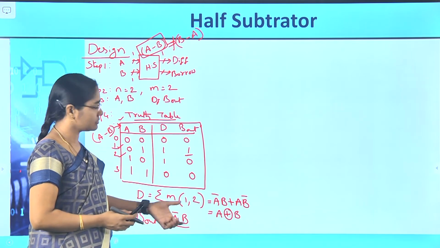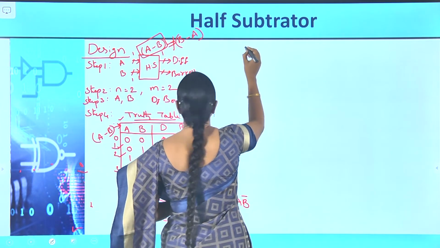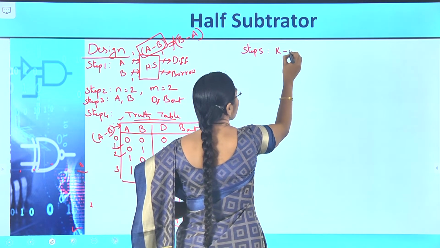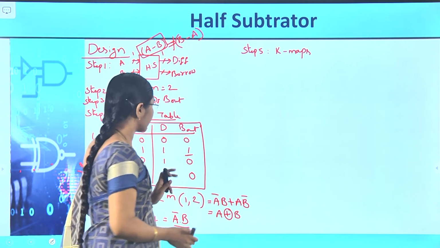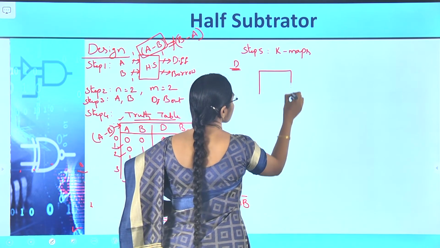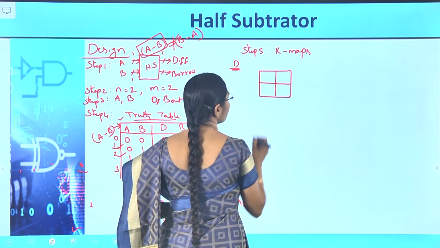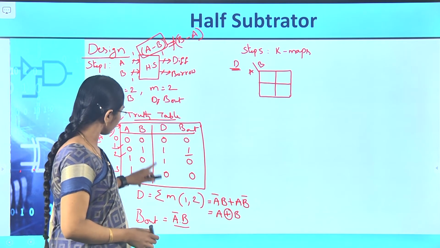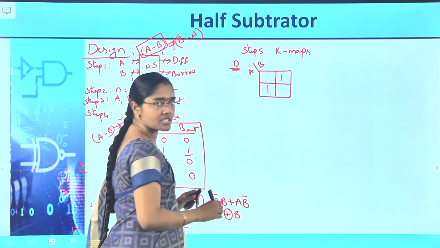Now, what is the next step? We need to simplify these two expressions. Let's check the simplification, that is step 5, using K-map simplification, K-maps for both difference and borrow out. For difference first, since the inputs are 2 variables, take the 2 variable K-map with A and B as inputs, and minterm values 1 and 2 for the difference equation.